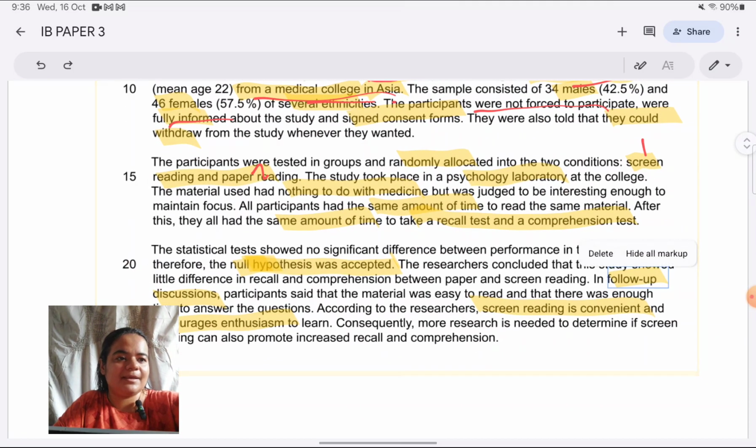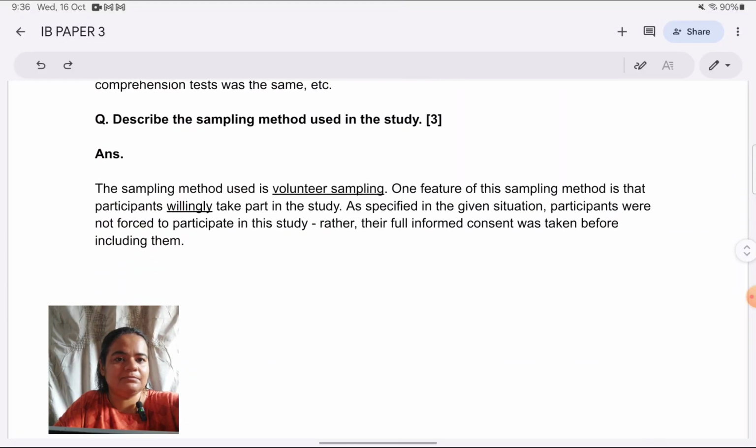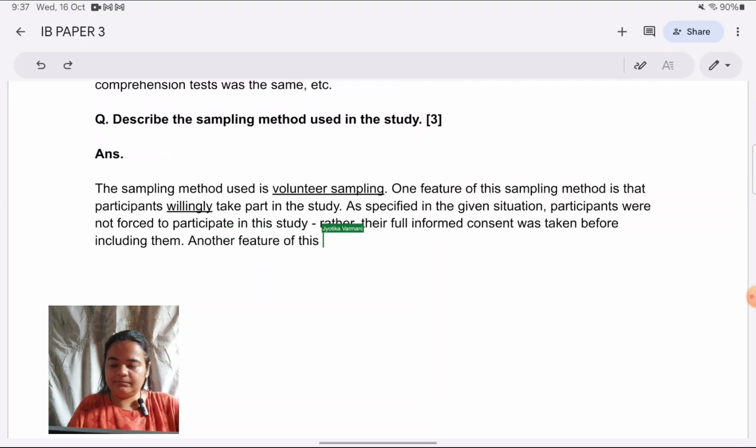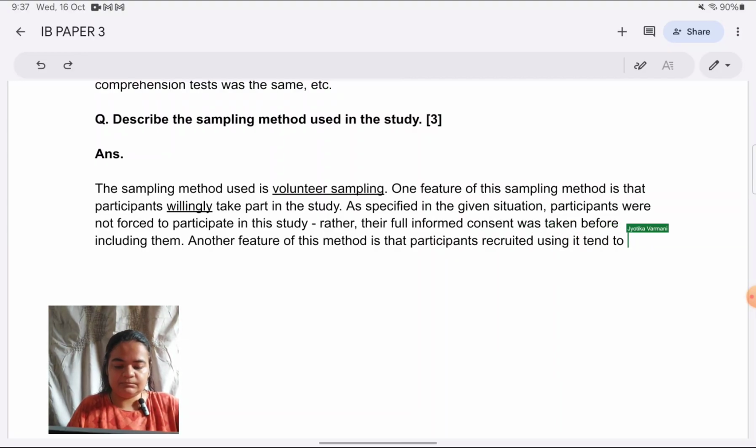Okay, so let's come back to the answer, what we were writing. Another feature of this method is that participants recruited using it tend to share characteristics that make them similar to each other.